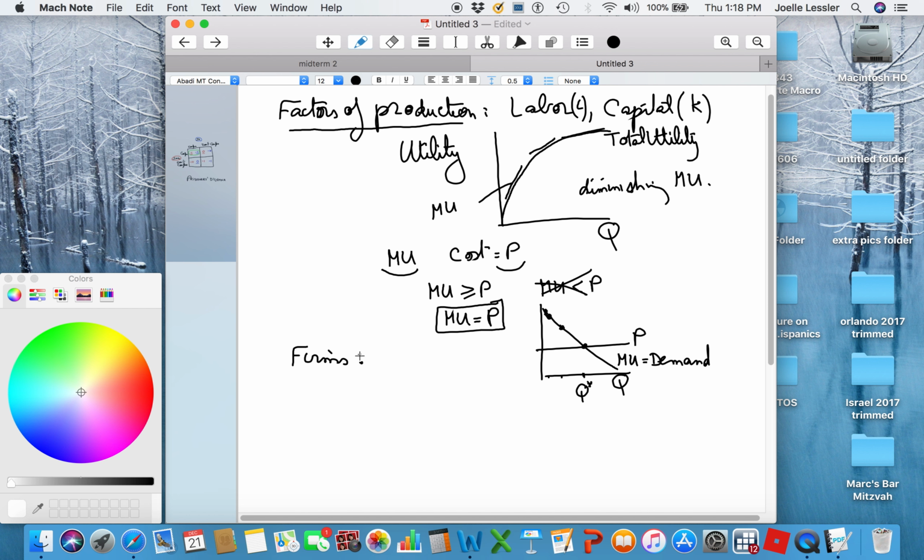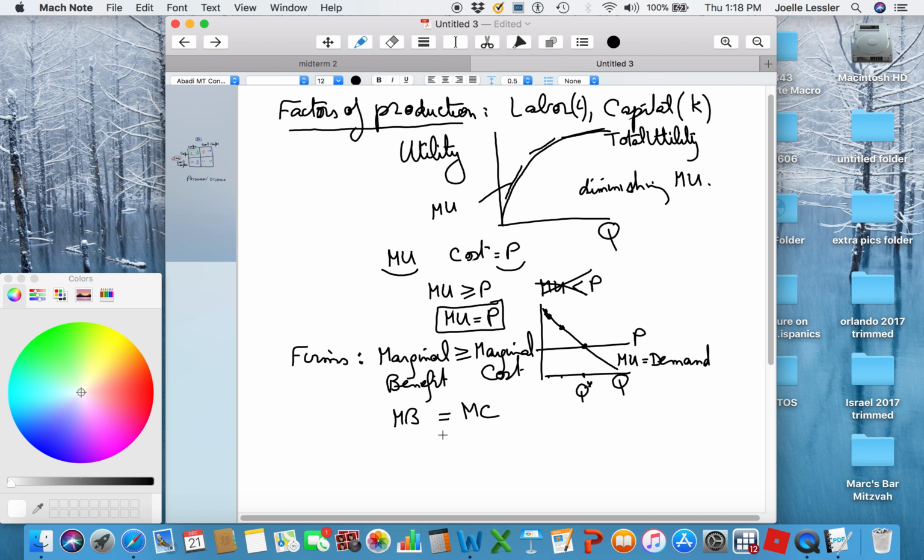It's going to be the same thing: firms are going to decide how much labor to hire, how many workers to hire, by comparing the marginal benefit of one more worker with the marginal cost of one more worker. As long as the marginal benefit is greater than or equal to marginal cost, you keep hiring. For the last worker that you hire, the marginal benefit, if you're optimizing, is just equal to the marginal cost.